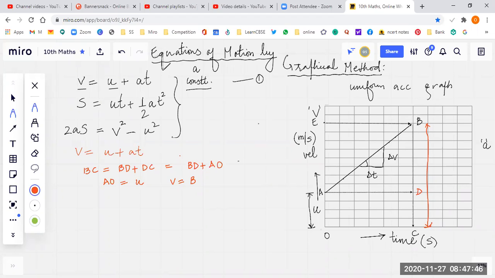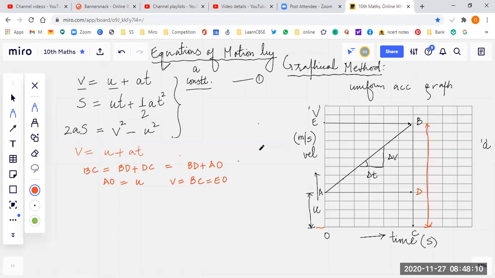Final velocity you will be measuring from the origin. From origin to A is the initial velocity, from origin to E is the final velocity, EO. That is our final velocity. Is it clear to everyone?